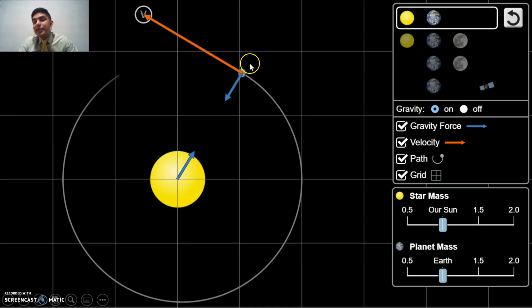And right outside of the orbit of the sun, we are going to find the orbit of our planet Earth. And the blue arrow that you see right over here is the gravity force, or the gravitational pull that both objects are exerting towards each other. And of course, this is what causes the centripetal force. And in this direction is the vector of our velocity.